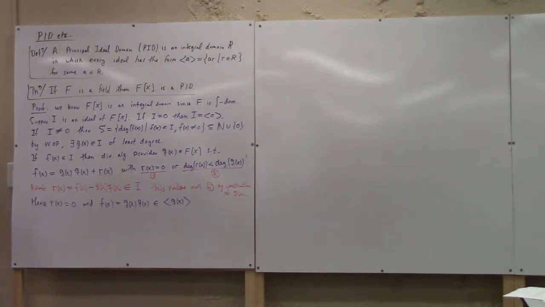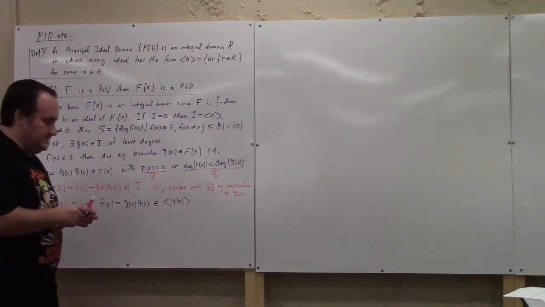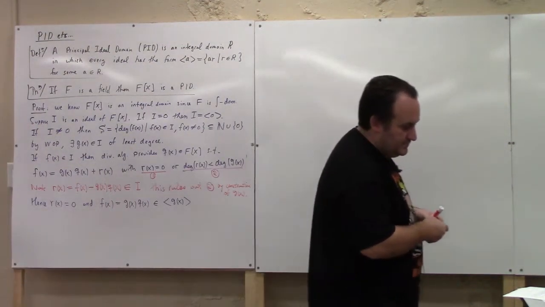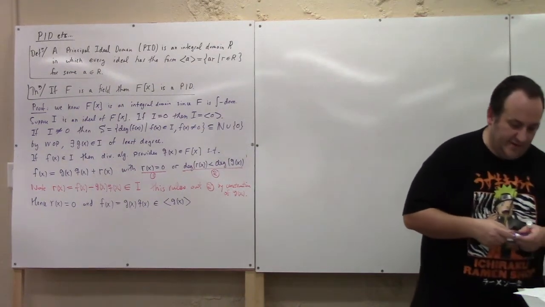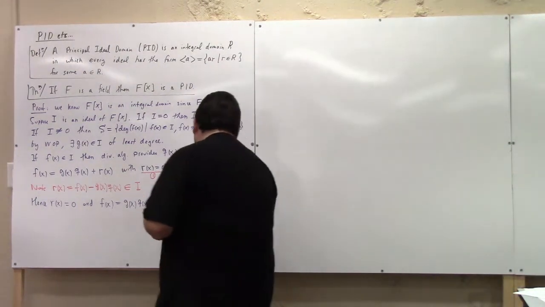But f(x) was an arbitrary element in I. So that gives us that I is a subset of the ideal generated by g(x).